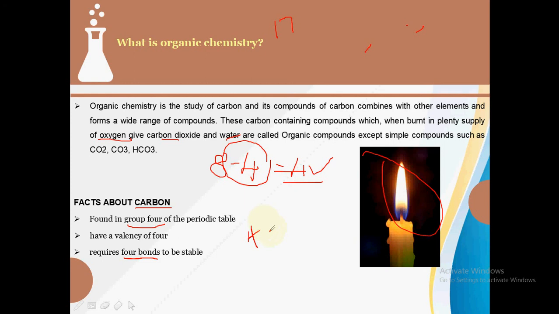When this happens, we say that carbon is saturated. Now, the most interesting thing about carbon is that carbon can bond to itself.